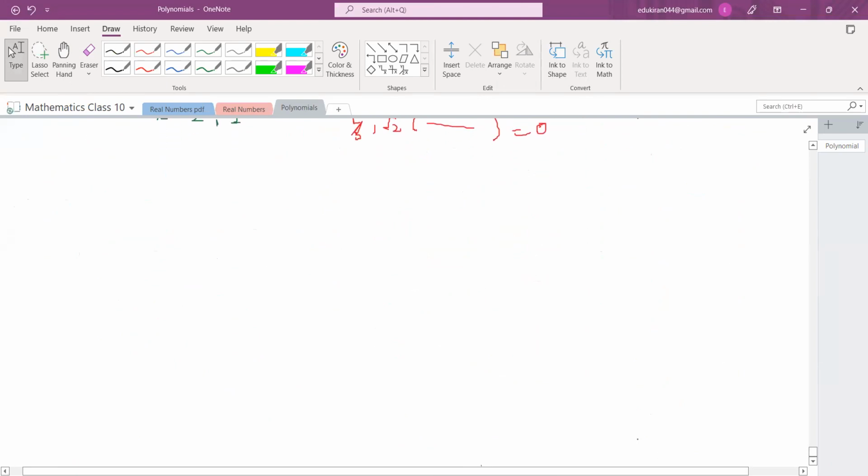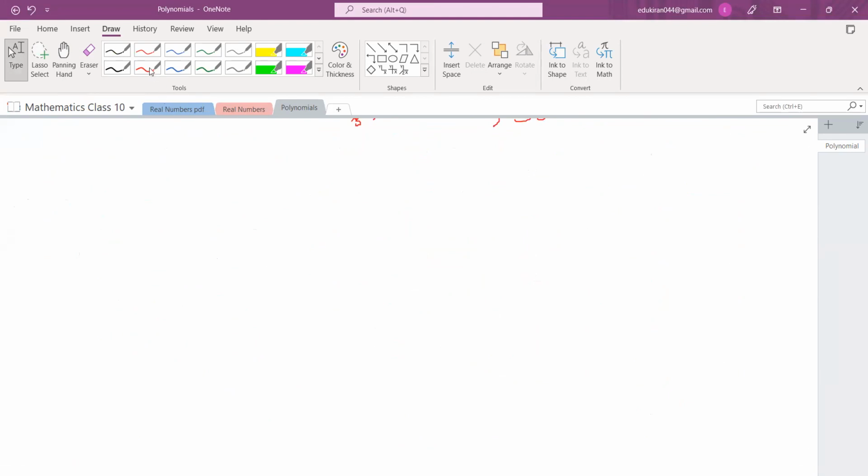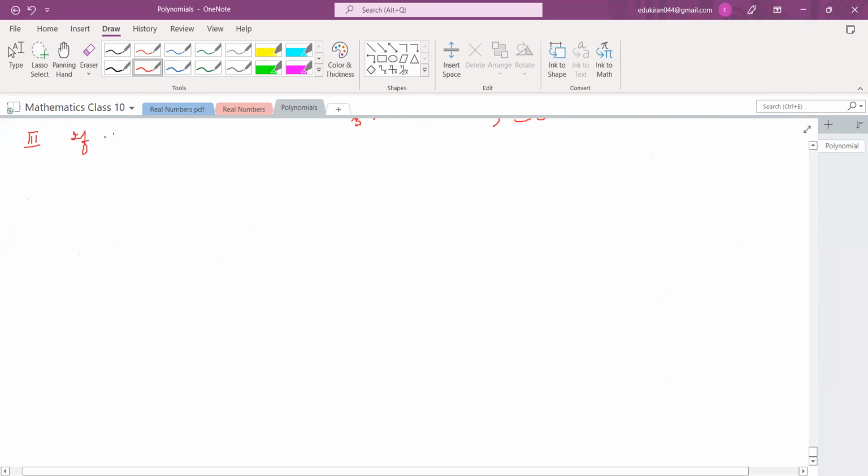All right. Next, the third type of question which can be asked from this exercise. In the third type, let me give you some examples. For example, if alpha and beta are the zeros of a quadratic polynomial, please note this down, all of you.